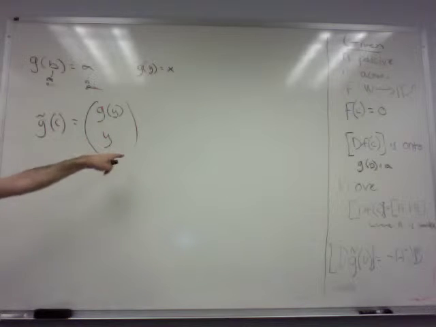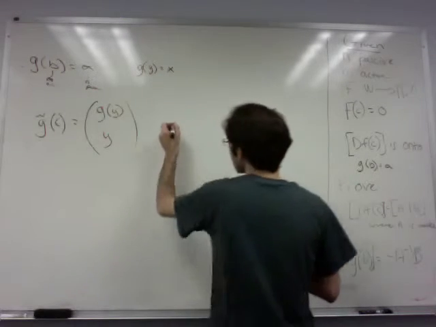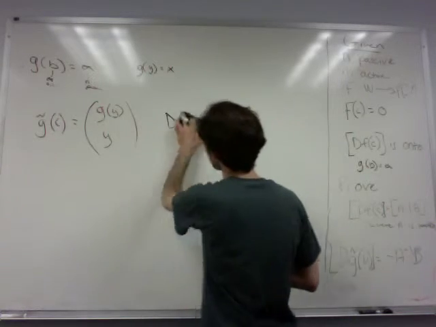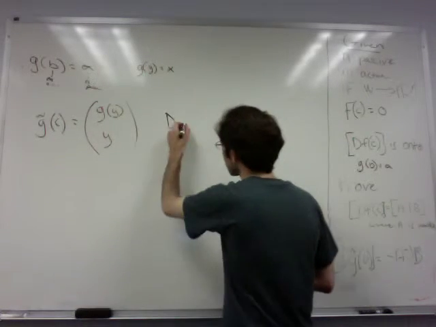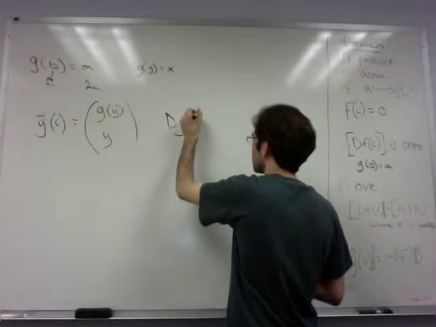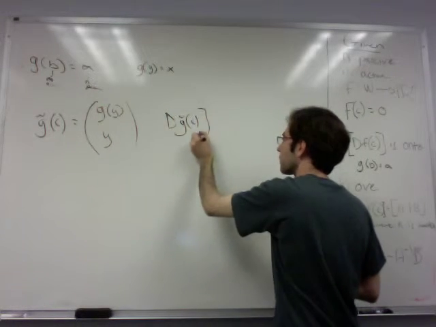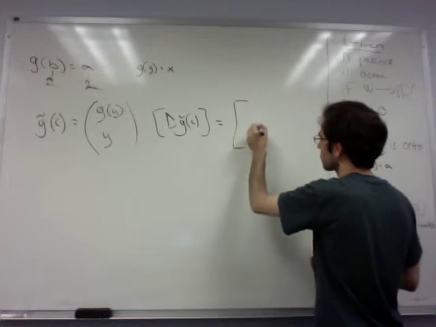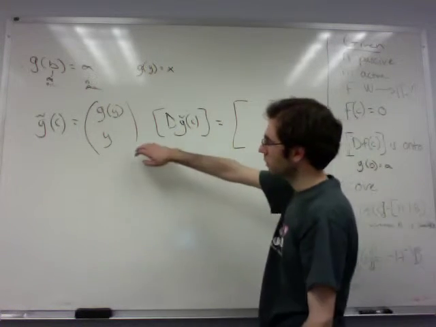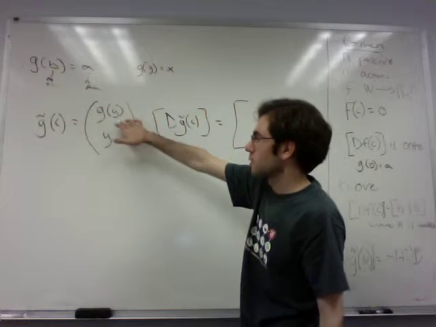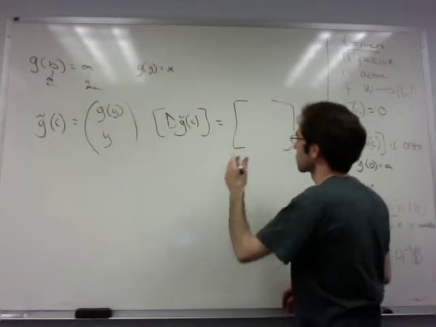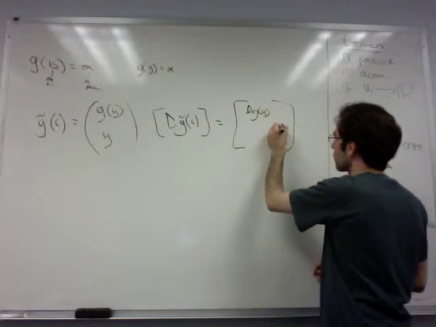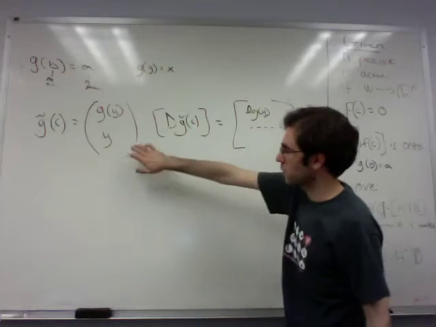But we can take the derivative really easily, and when we do that, we're going to end up with two components. On the top, what's the derivative of this? It's just the derivative of g, so it's dg of y. And what do we have on the bottom?